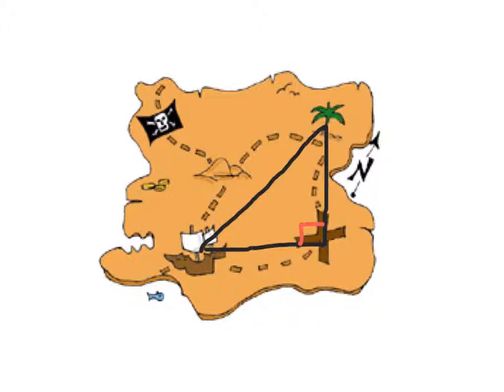Anytime you have points or locations that form a right triangle, you can use the Pythagorean theorem to answer questions about that. So if the ship's distance to the treasure is 24 miles, and the treasure to the palm tree is 32 miles, how far would we have to walk back from the palm tree to our ship?